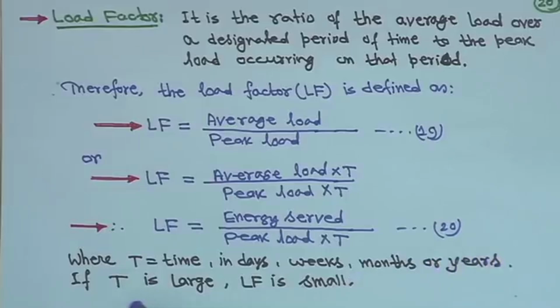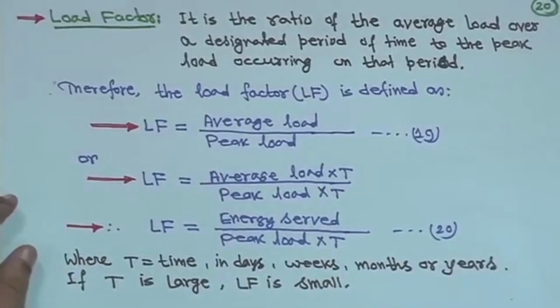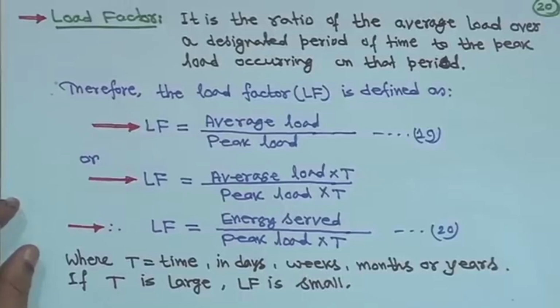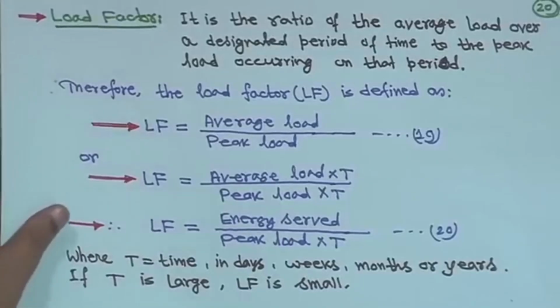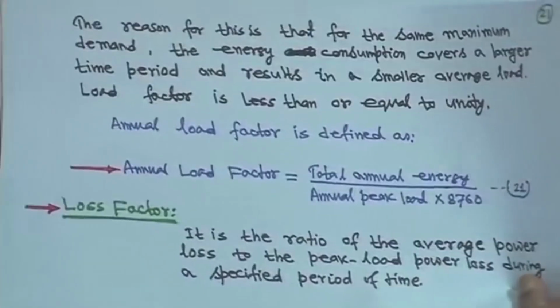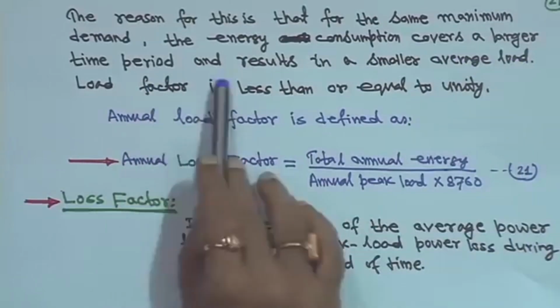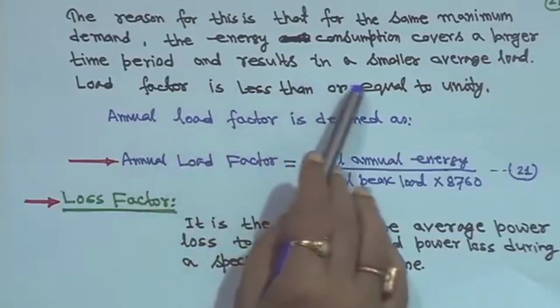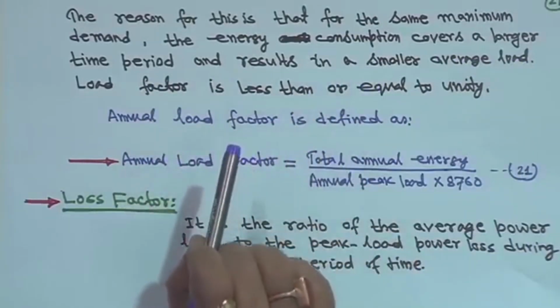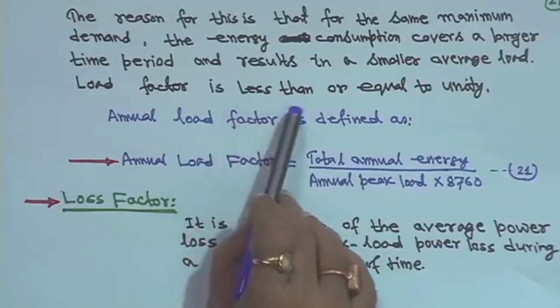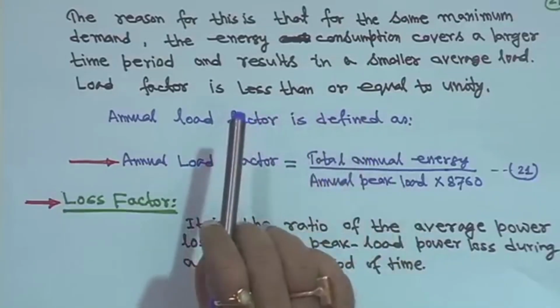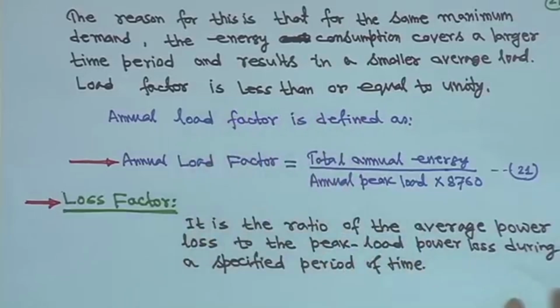If T is large, load factor is small. For a large T generally you will find that load factor is small. The reason is that for the same maximum demand, the energy consumption covers a larger time period and results in a smaller average load. So, load factor is less than or equal to unity, generally less than 1.